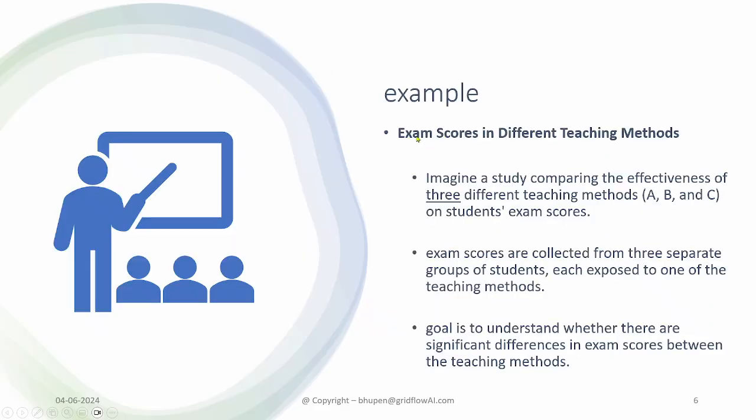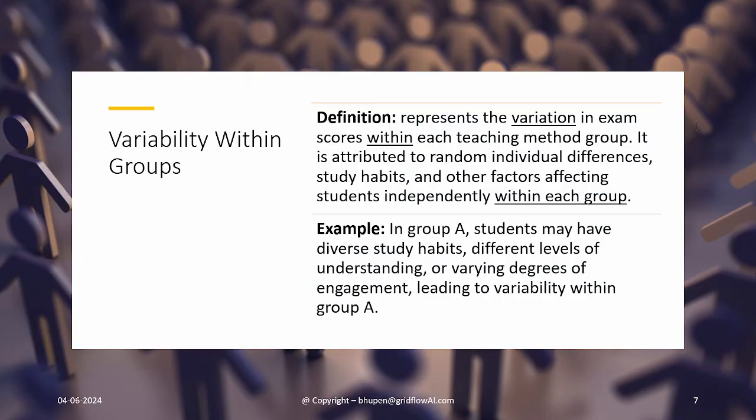For example, exam scores in different teaching methods. Let's say we have different teaching methods A, B, C, and you would like to see the effect of those teaching methods by recording the exam score, and then we can perform the ANOVA test to see if there is significant variation because of the teaching method.